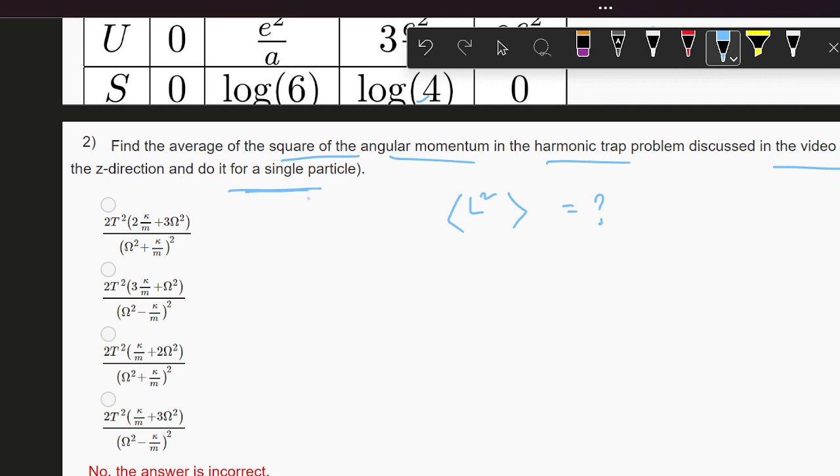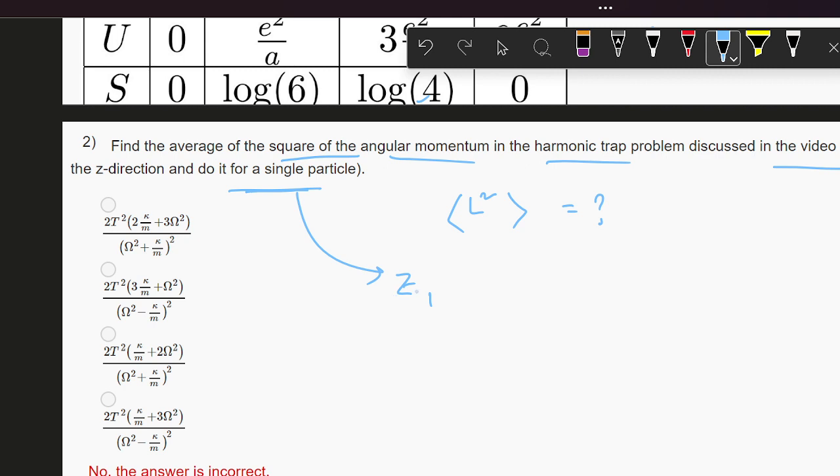To make life simpler, it is asked in the question to just calculate for a single particle. So for these kinds of problems, if you have been asked an averaging, the statistical approach is that you first find out the partition function for this case, which is the partition function for a single particle, let's say z1, or sometimes we can also take z.